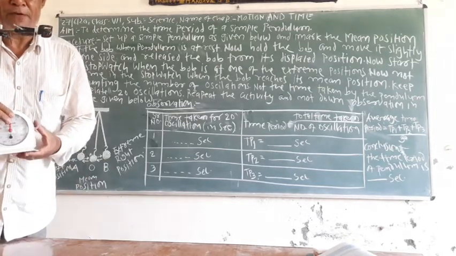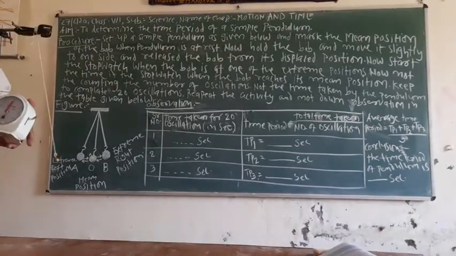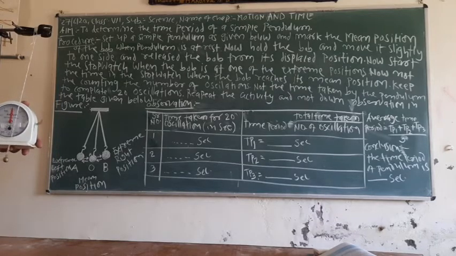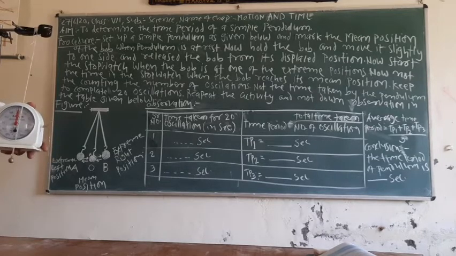Therefore, the simple pendulum starts to oscillate. Now I measure the time for 20 oscillations when the bob of the simple pendulum reaches its extreme right position or left position.